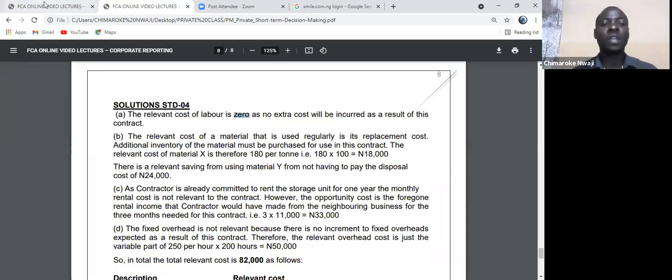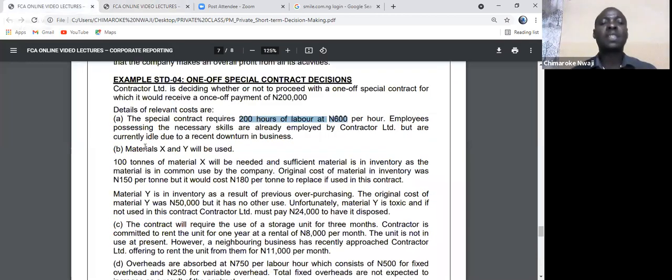Let's read on. Materials X and Y will be used. Now let's look at what is required in X. 100 tons of material X will be needed, and sufficient material is in inventory as the material is in common use by the company.